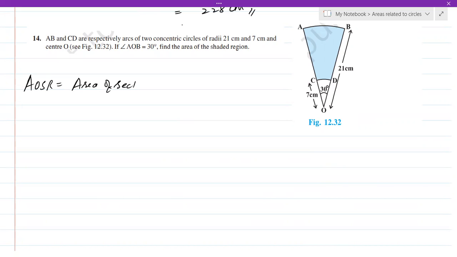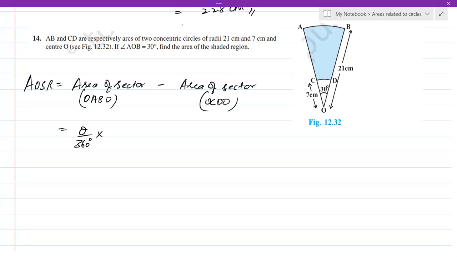Area of sector, what is the name of the big sector? OABO minus area of sector OCDO. Okay, now area of bigger sector, theta by 360 degree into pi, bigger sector, so bigger r, minus theta by 360 degree pi smaller r square.